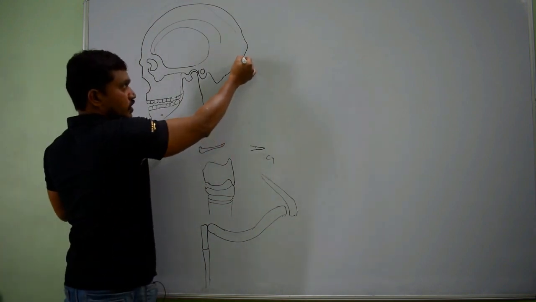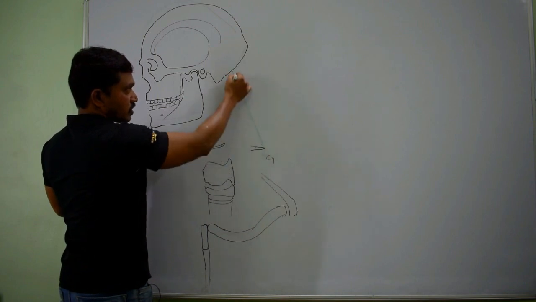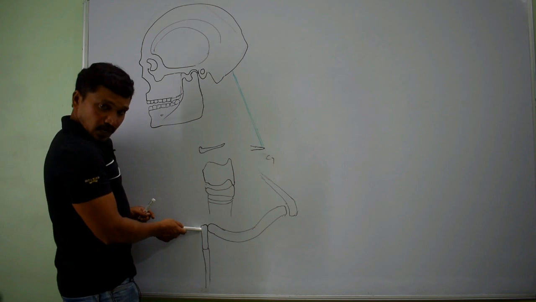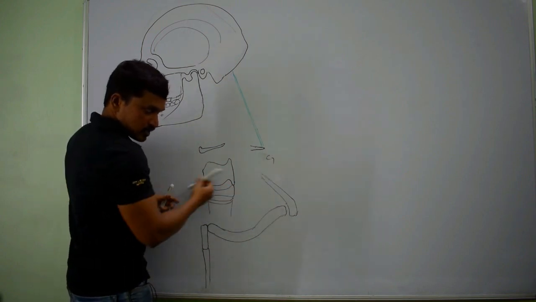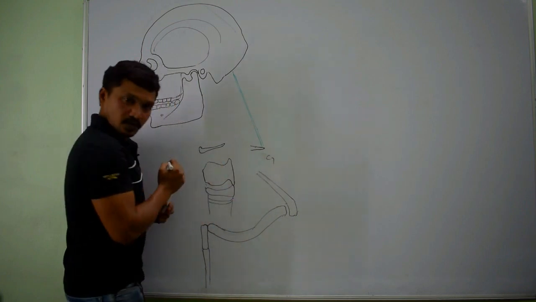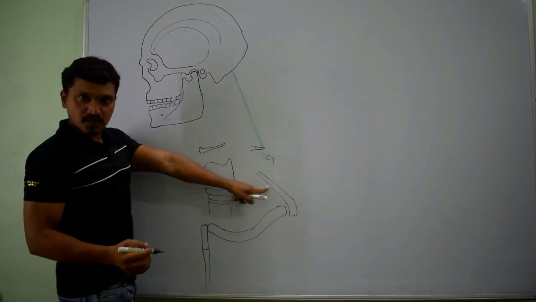Ligamentum nuchae. These are the few landmarks. What is this? Manubrium sterni. Clavicle. Acromion process. Spinous process of the scapula. Okay, I didn't draw the total scapula, I am just drawing the spinous process of the scapula.